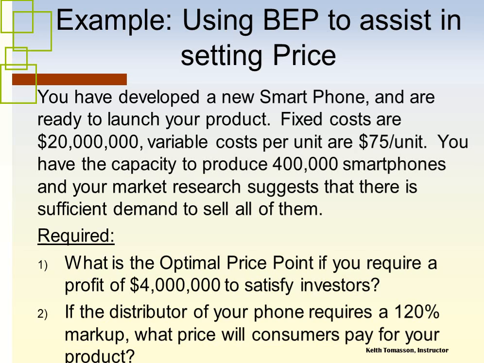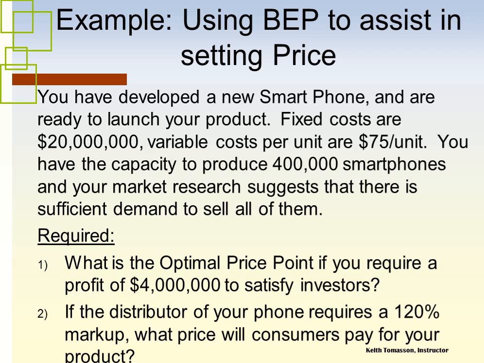So our fixed costs were $20 million. The variable costs per unit are $75 per unit to produce one unit of your smartphone. You have the capacity in your manufacturing plant to produce 400,000 smartphones, and your market research suggests that there's sufficient market demand to be able to sell all of those.